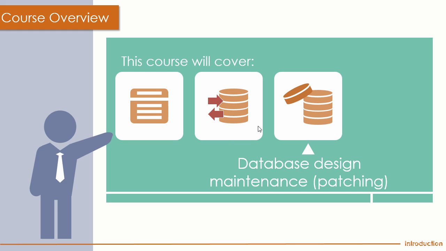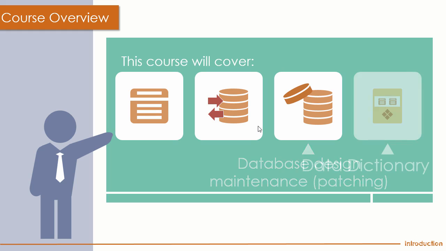And database design is not a one-shot activity. You need to keep updating and maintaining your database, adding new columns, new entities, or new relationships based on the new requirements you need in the future. So we'll cover how to maintain the database design, including how to patch your current version database to the new design.